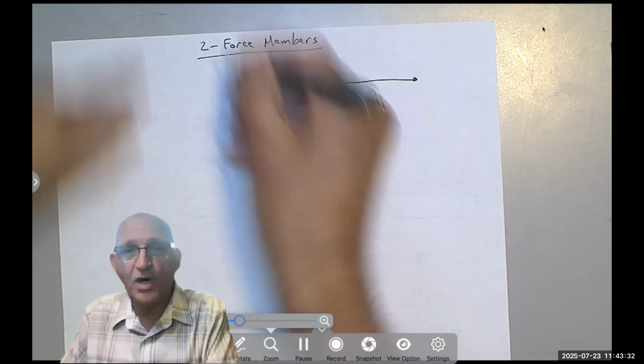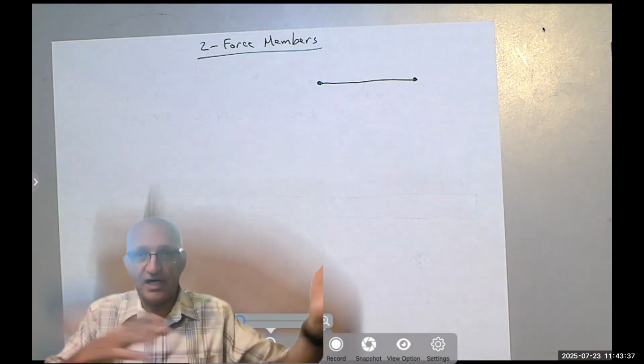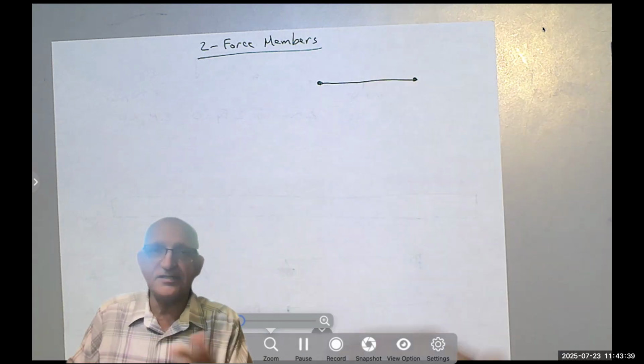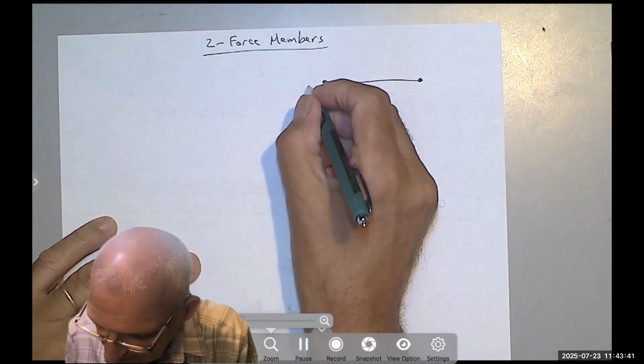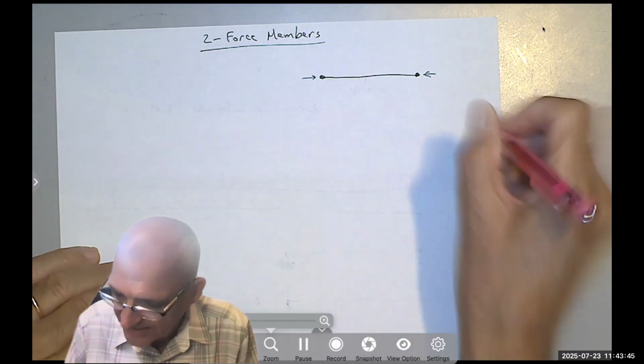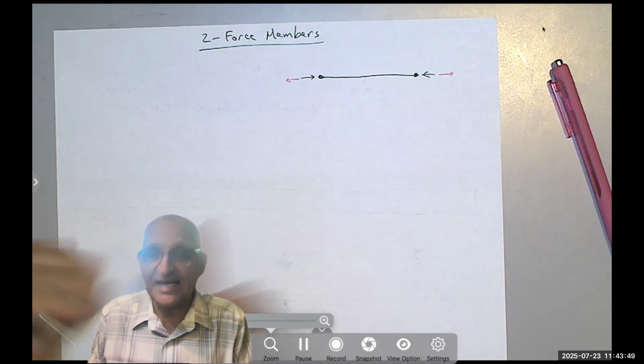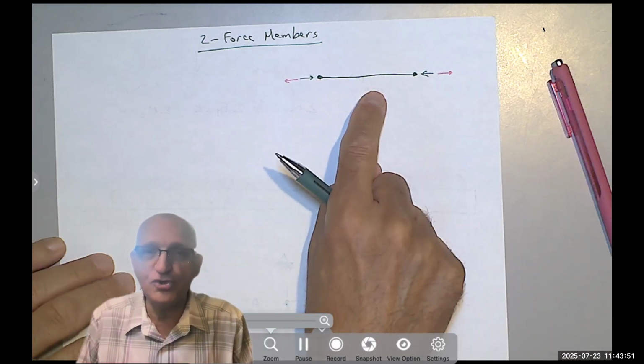But it's connected to other parts of my structure. So the other parts are pushing it and pulling it and whatever. The force would either be compressive or tensile, but at least I know their direction. So they act as one unknown, not two.